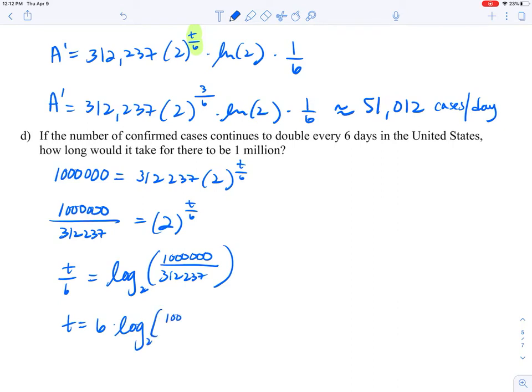We multiply by 6. And that is approximately 10 days.